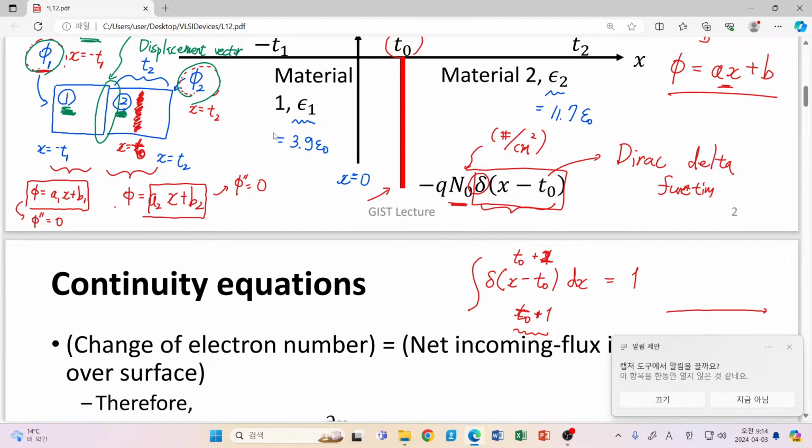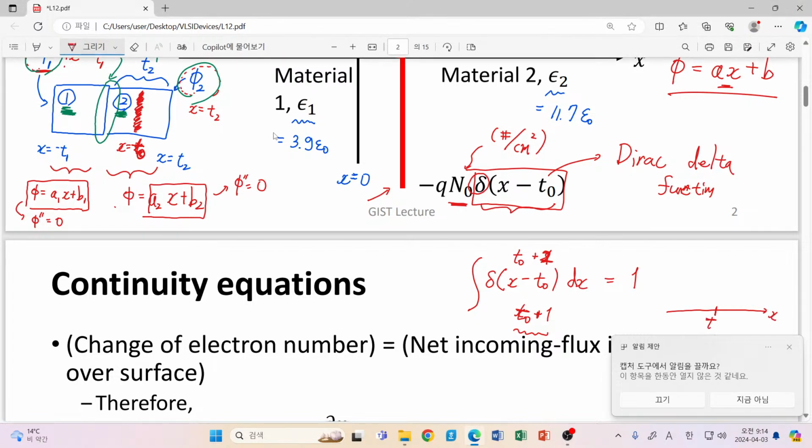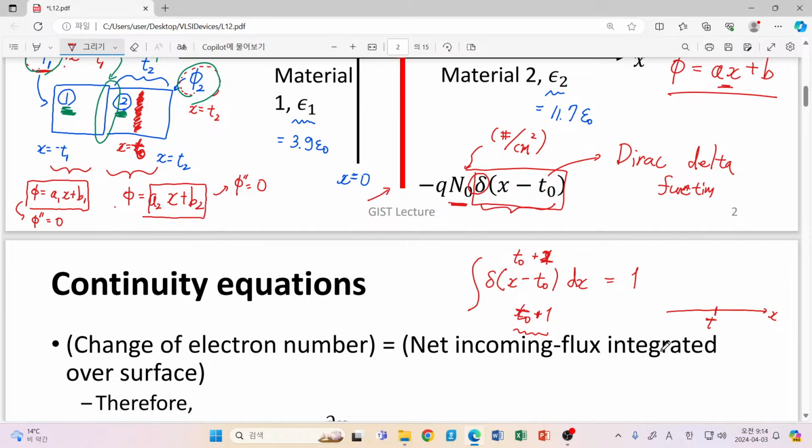So let's say this is x, and there is a t sub naught, and our integration interval starts from 1 away from t sub naught, t sub naught plus 1 to t sub naught plus 2.